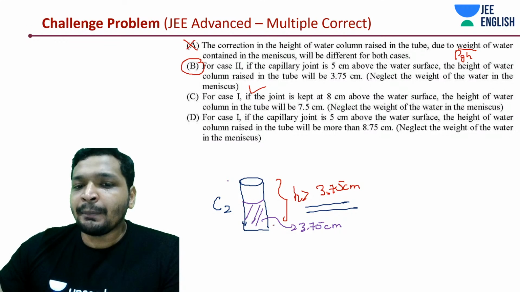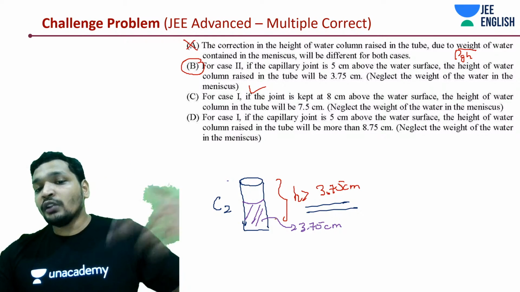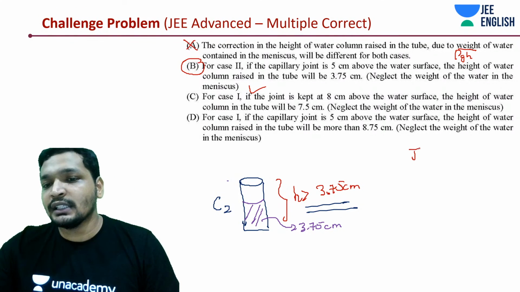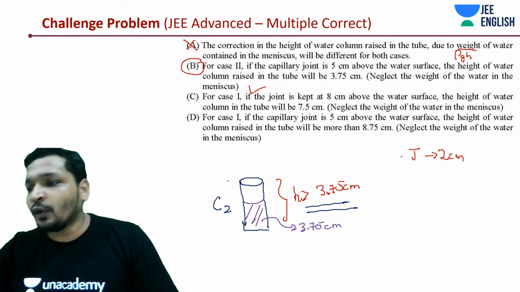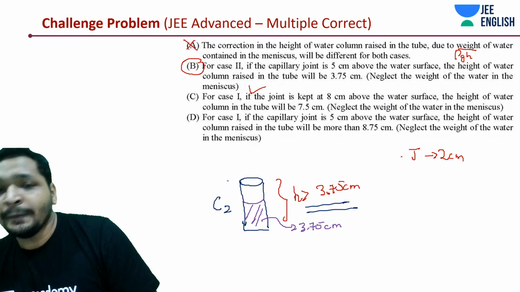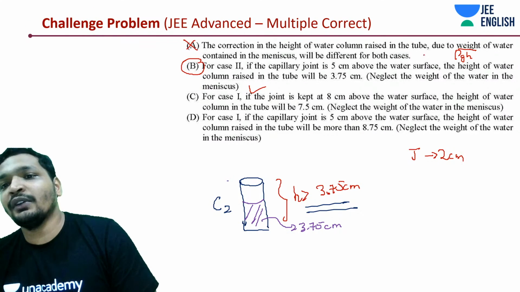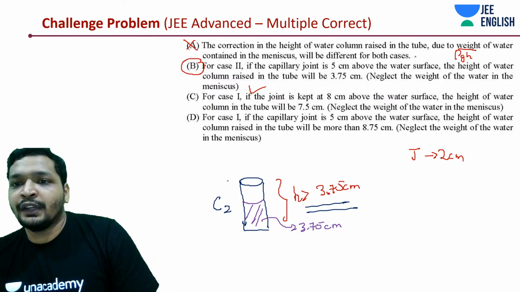If the height of the capillary in case 2 is less than 2 centimeters, and in case 1 it is also only 2 centimeters, the joint existing at 2 centimeters in both cases, think about it, then they would both rise to the same level. The same amount of weight of water would be raised. So I may not mark A because it feels a little risky. Maybe that is the reason they asked it. You never know. They wanted to know if this is always true in every case.